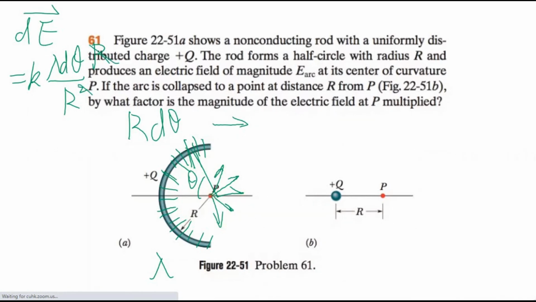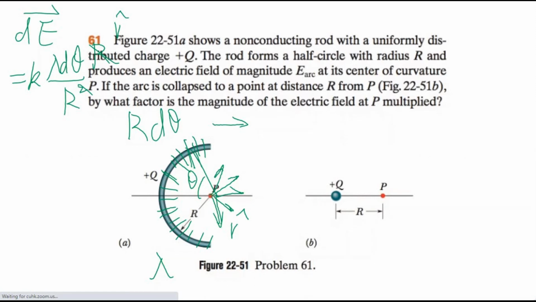And it is along the theta direction. But here, because we know the net electric field is just along the right direction, we just need to calculate the dEx, right?